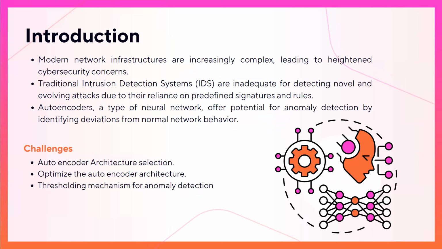In this context, machine learning, deep learning, and specifically for this study, autoencoders offer a promising solution for anomaly detection by learning the normal behavior of network traffic to then identify anomalies. However, one of the major challenges here is optimizing the autoencoder itself for the specific task at hand. In this study, we used a memetic algorithm to do that, which combines genetic algorithm for global search with simulated annealing for local refinement.